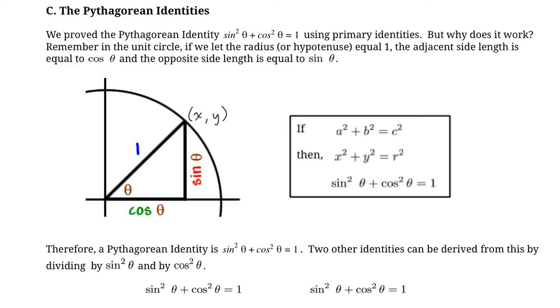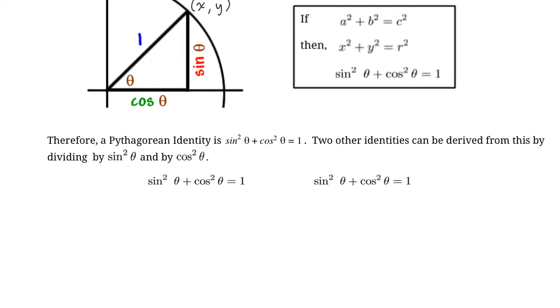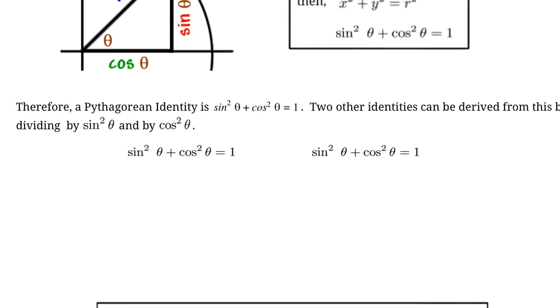There are 2 more that we're going to derive, and we would derive them by just dividing by sine and then dividing by cos. So if we take our original Pythagorean identity and divide everything by sine squared theta, that means I'm dividing cos squared theta by sine squared theta, and I'm going to divide 1 by sine squared theta.